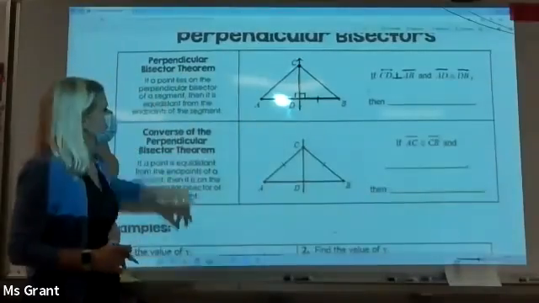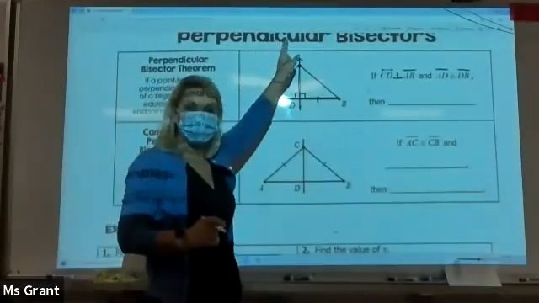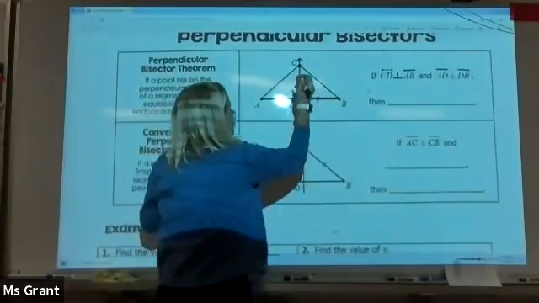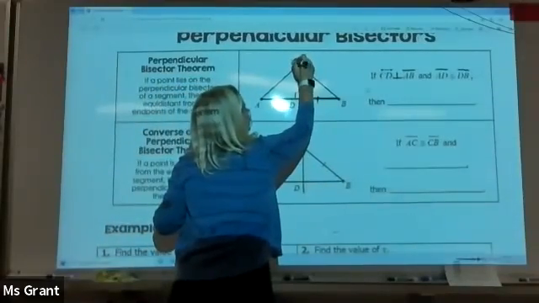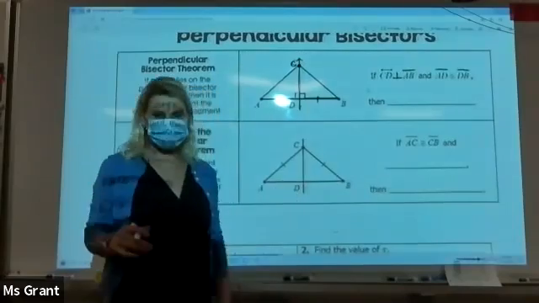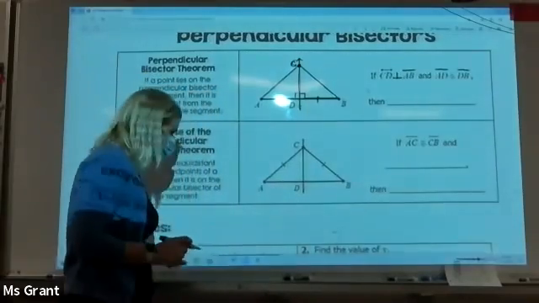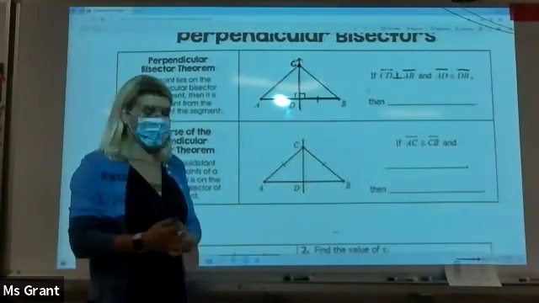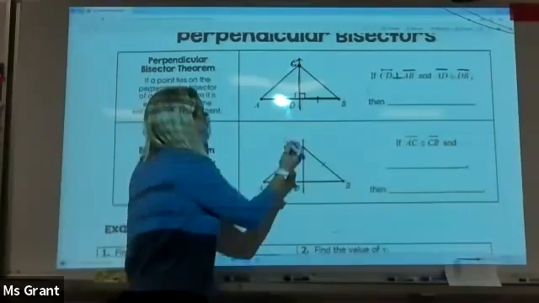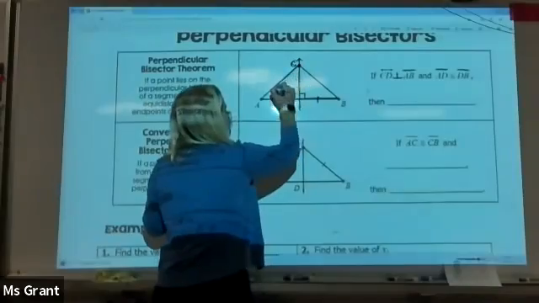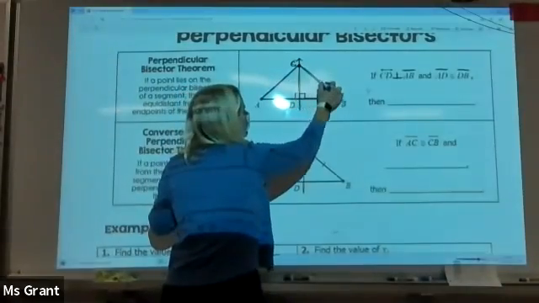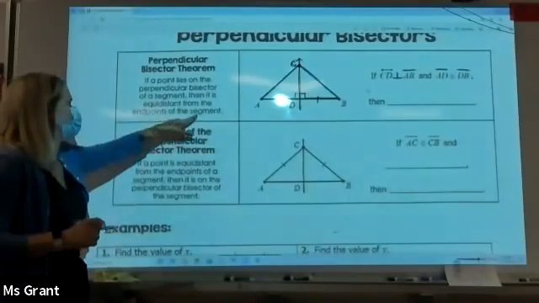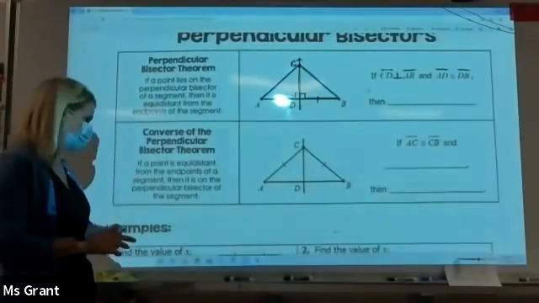So this theorem says you have this line and it makes the perpendicular bisector. Then I have a point on the line, point C, let's say. The theorem states that I can draw two lines that are equidistant from the endpoints of the segment, okay?